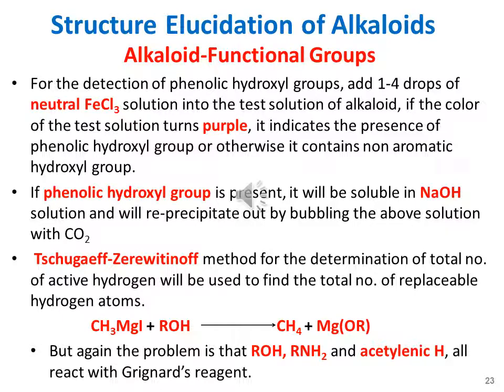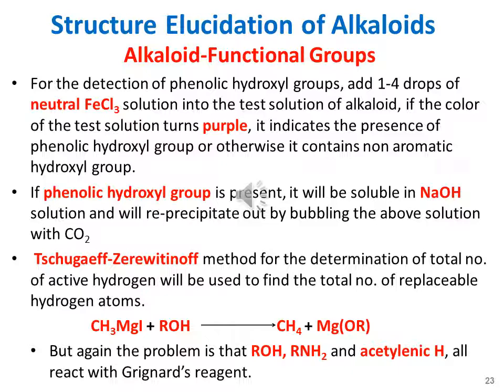Once you have detected a hydroxyl group in your unknown alkaloid, now you are interested to know whether this hydroxyl functional group is phenolic or non-phenolic. For the detection of a phenolic hydroxyl group, add 1 to 2 drops of neutral ferric chloride solution into the test solution of alkaloid.